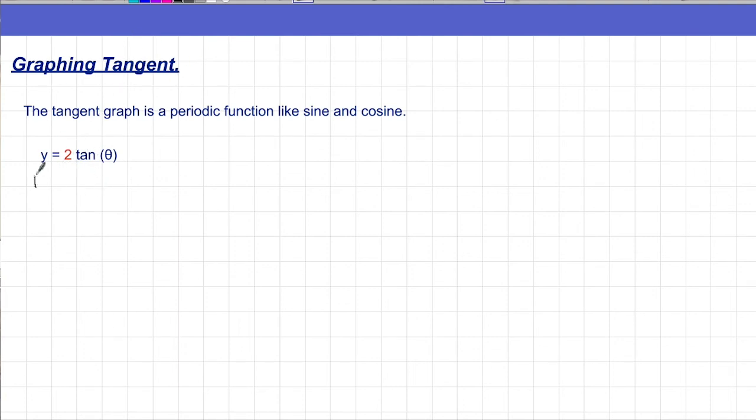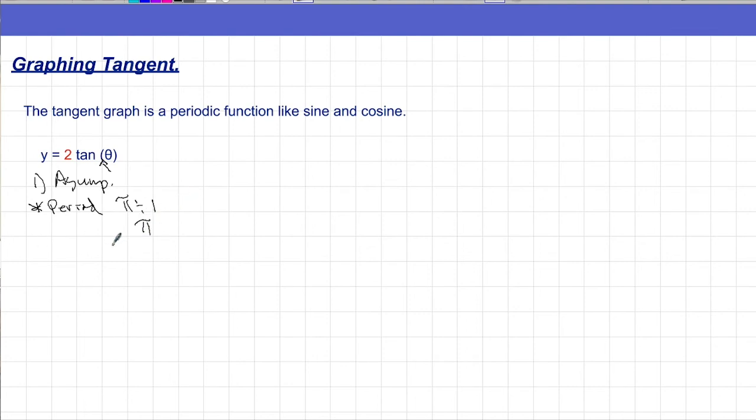So here we go. Step 1, what I do is I like to find the asymptotes. And I find the asymptotes by doing this. First of all, I got to find the period, which is pi divided by the frequency. In this case, it's pi divided by 1.